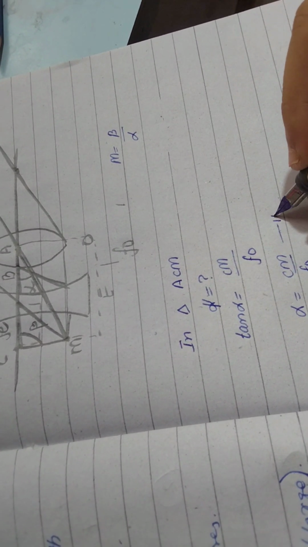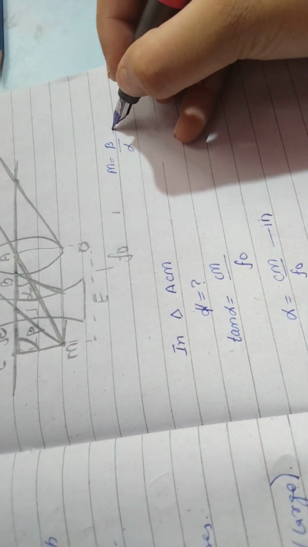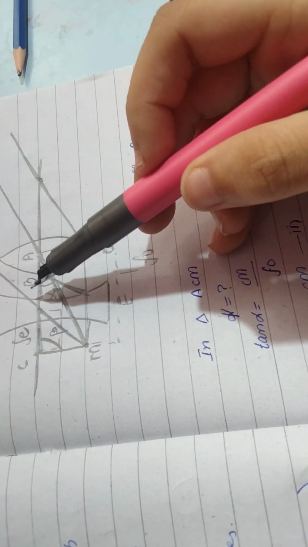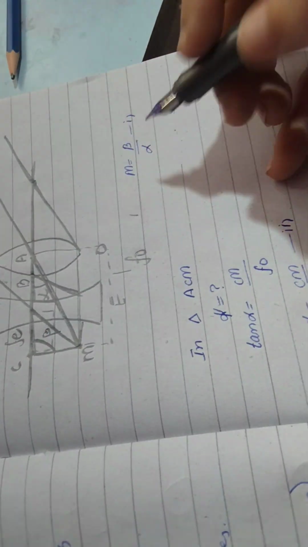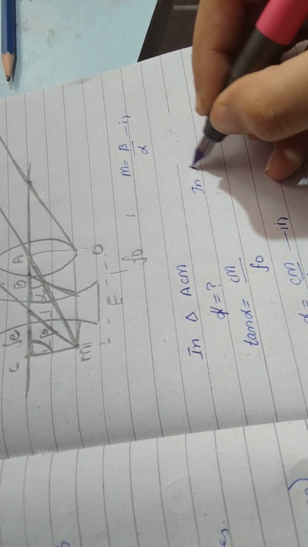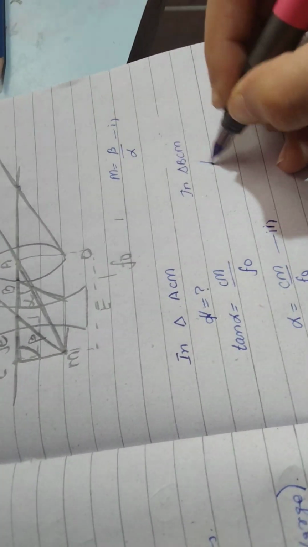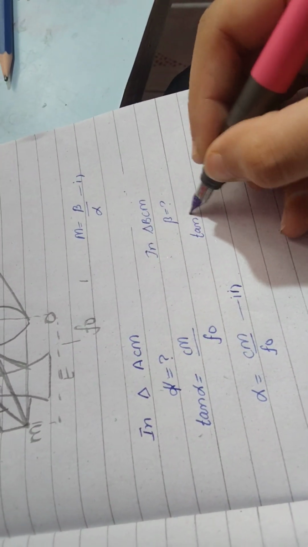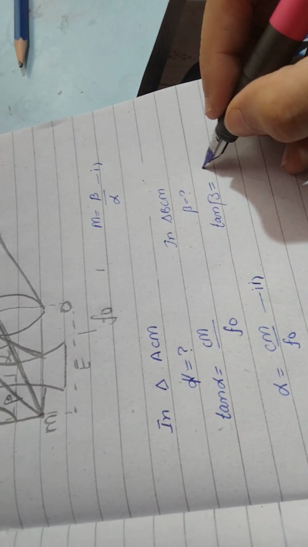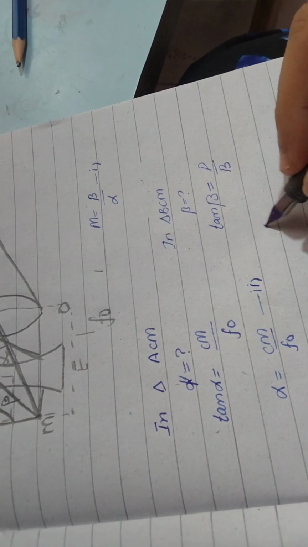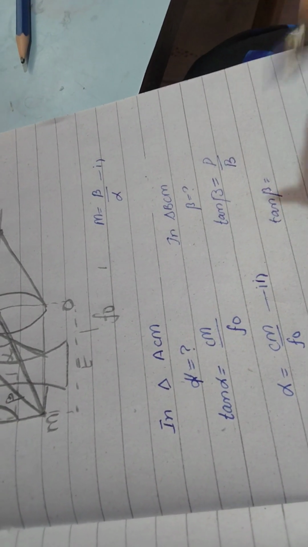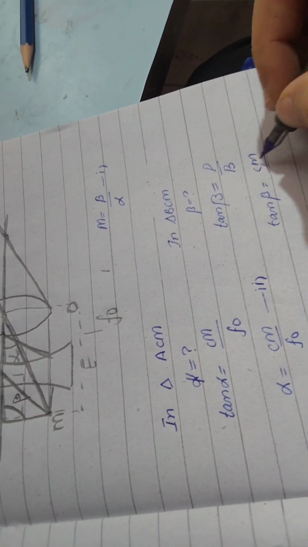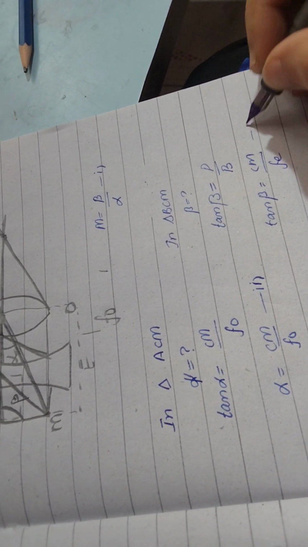This is equation number 2, and this is equation number 1. Now in angle BCM, we have to find beta. Here tan beta is equal to perpendicular upon base, where the perpendicular is CM and the base is FE.